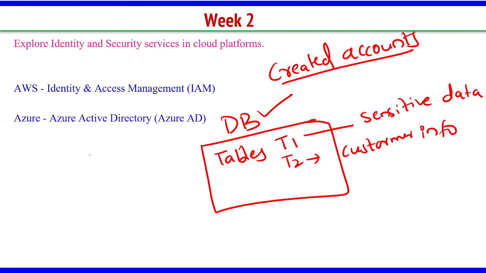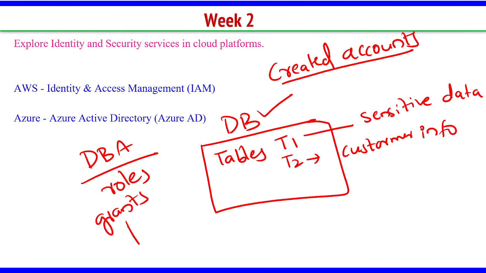So the admin, the database administrator, DBA we say, if you are very good at database, you can apply for this DBA role. It has huge demand in the industry. Only database you should know fully end to end. The database administrator creates roles and grants permissions to certain users.